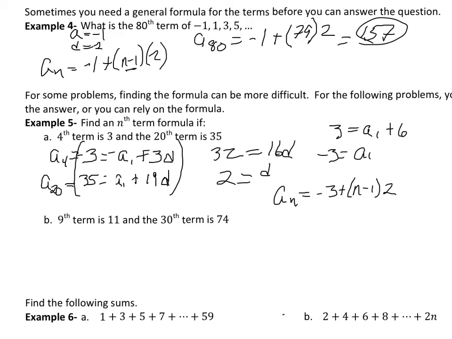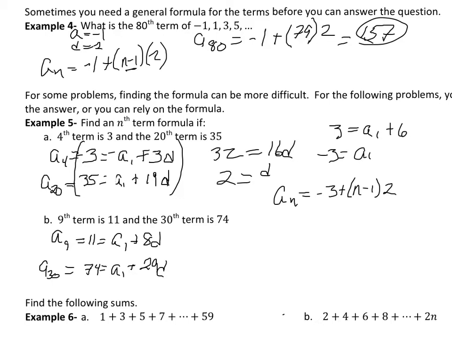Okay, so we've got A sub 9 equals 11, and so that is A sub 1, which I don't know, plus 9 minus 1, which is 8 times D, and then A sub 30 is 74, and again that's A sub 1, which I don't know, plus 29D. All right, and again, we have our system.